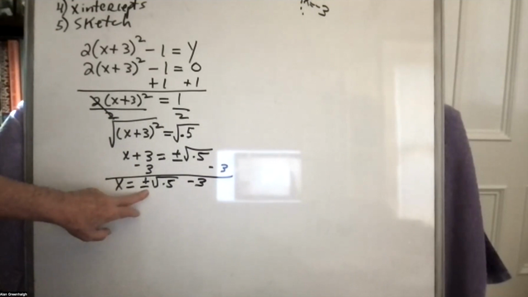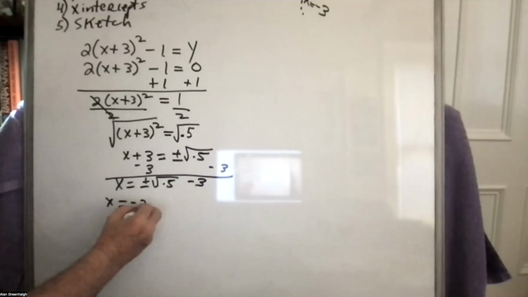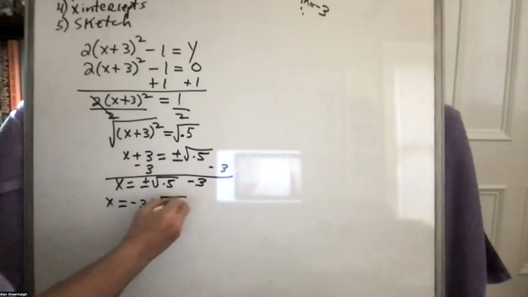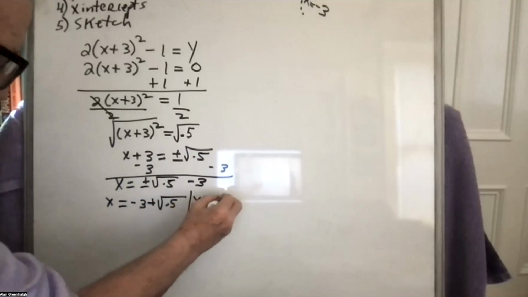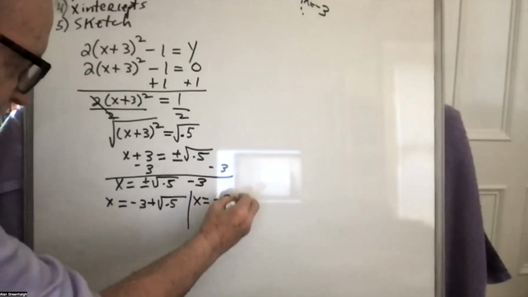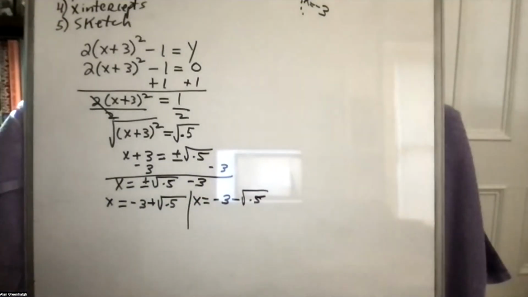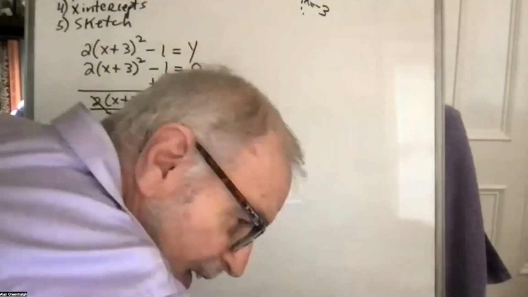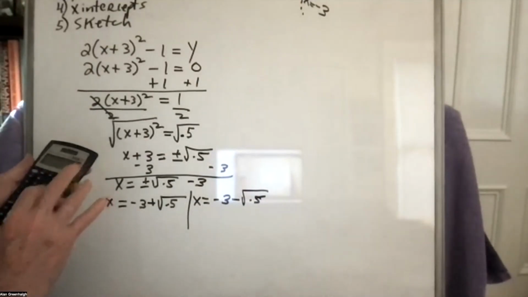But there's two values of the square root of 0.5. So x will equal negative 3 plus the square root of 0.5, and x will equal negative 3 minus the square root of 0.5.